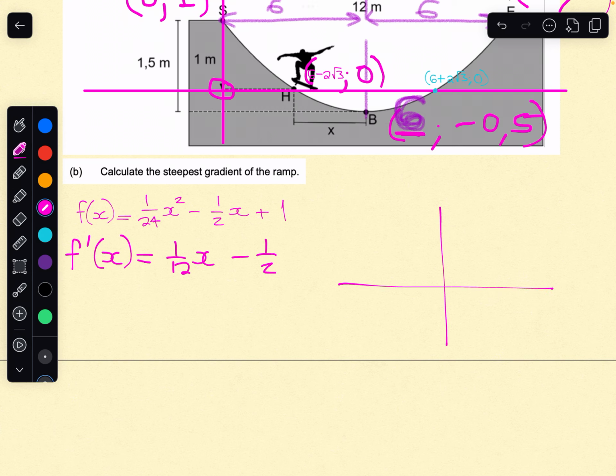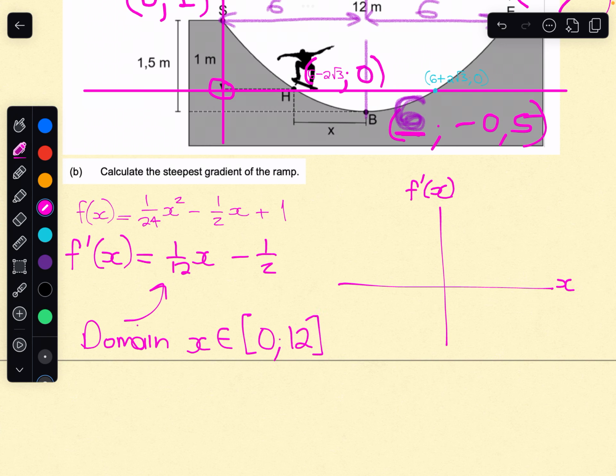If we were to plot the graph of f prime, remembering that we're looking specifically at the domain where x is from 0 until 12. That is the beginning and the end of the ramp. So we're only looking from 0 until 12.